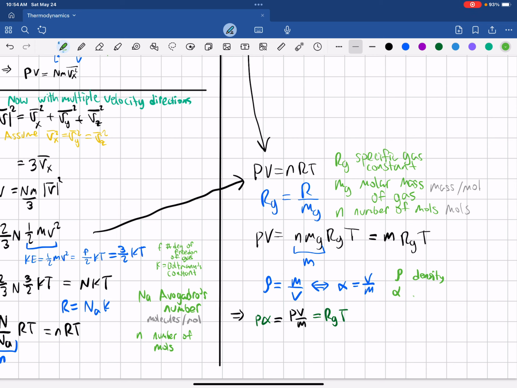There's a word for it. Oh, I think it's specific volume. And also, if anyone's wondering what specific means, I think it just means you divide it by the mass. So volume divided by mass goes from volume to being called specific volume.